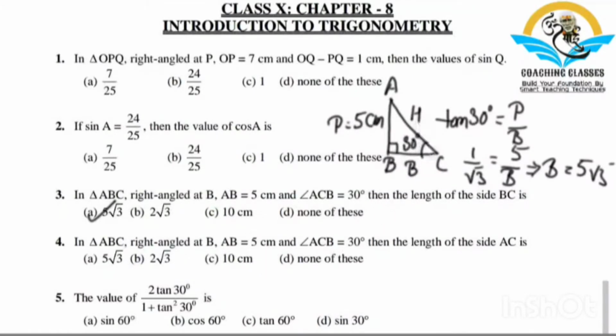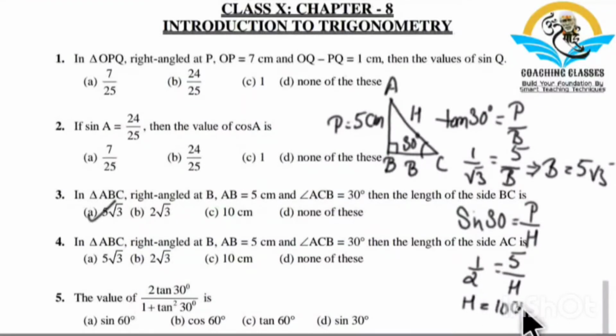For calculating hypotenuse, you take sine 30 equal to P by H. Sine 30 is 1 by 2, P is given 5 and H you have to calculate. Now you cross multiply, H equal to 10 centimeter. Hence the option C is right.